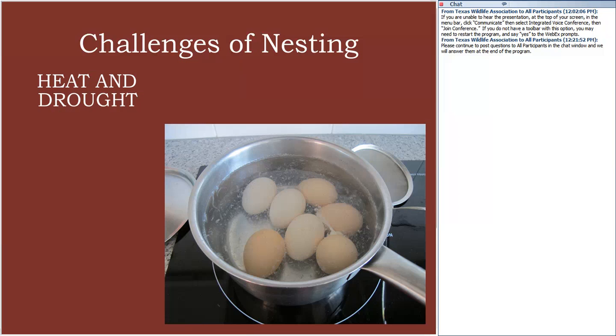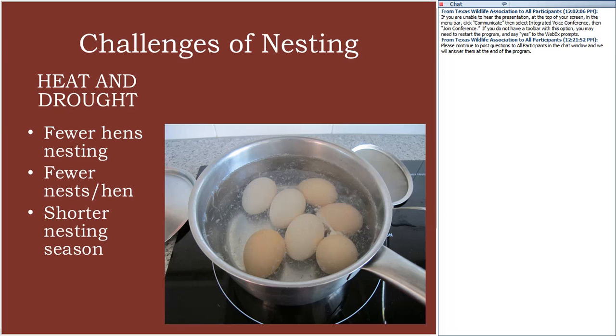The other major challenge to nesting relates to temperature once again. It is heat and drought. Drought conditions can really be disastrous for quail breeding for a number of reasons. First off, when you're in a severe drought, you tend to see fewer hens that are nesting. Once again, that may be due in part to the stress interfering with them going into reproductive condition. You end up getting fewer nesting attempts per hen, and you get a shorter nesting season.